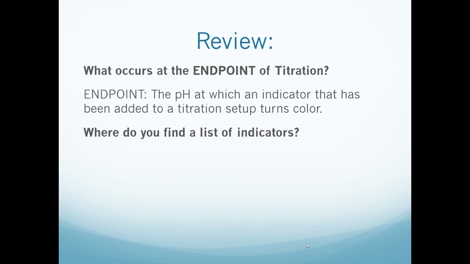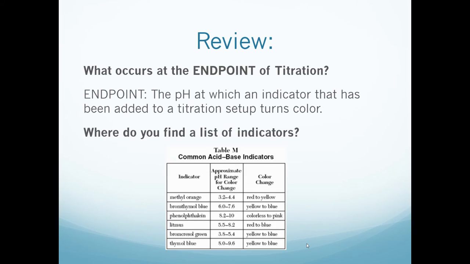Where do you find your list of indicators? Here we have it. You have a common acid and base indicator table, Table M. It's really easy to read. I'm just going to read one of them for you. I'm going to start with the top one, methyl orange.